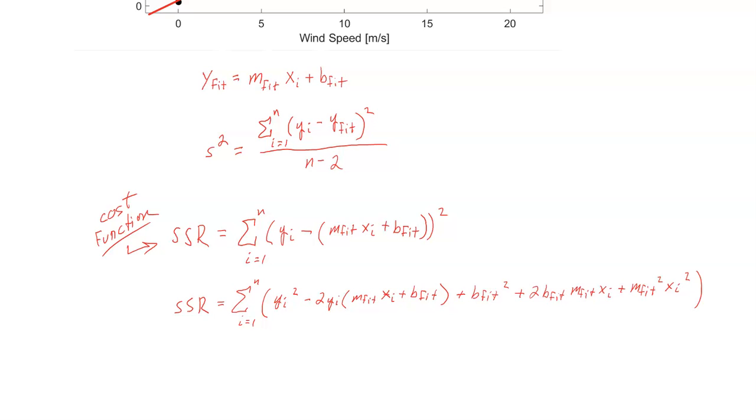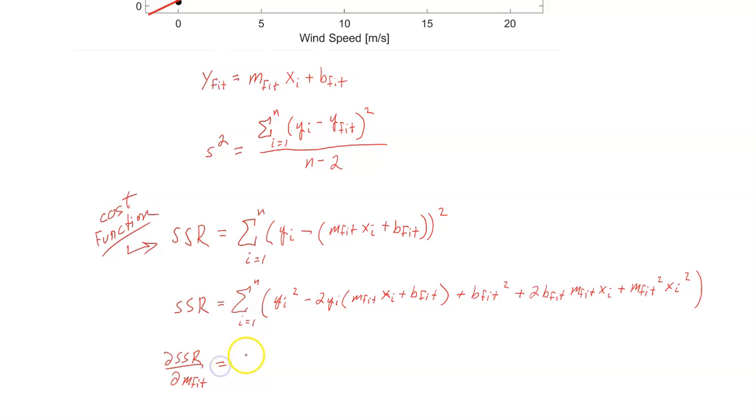So we don't want to choose one arbitrarily, we want to minimize both of them at the same time. So if we take the partial of SSR with respect to our slope m fit, what are we going to get?